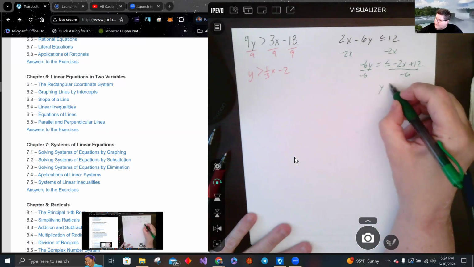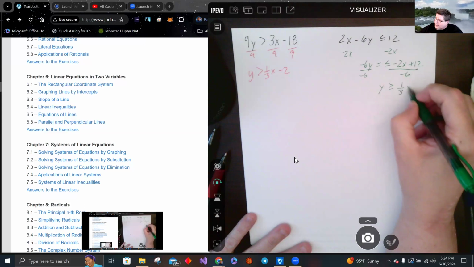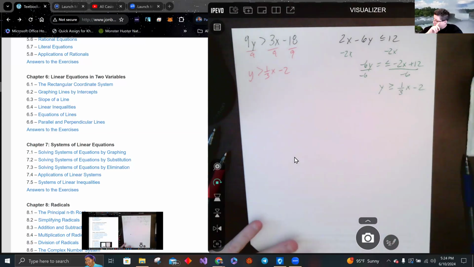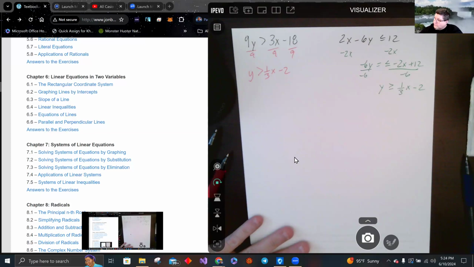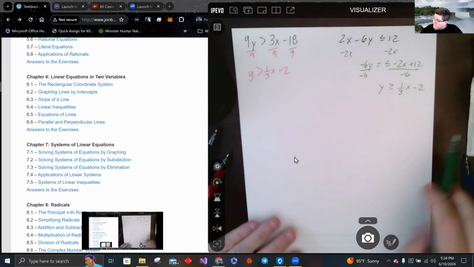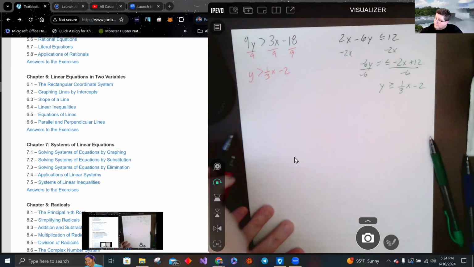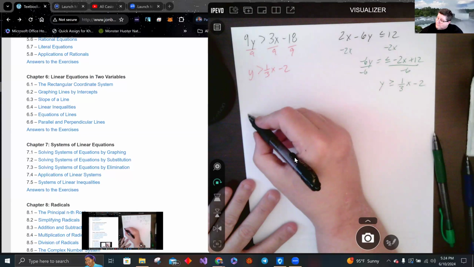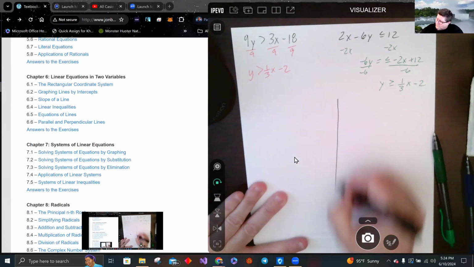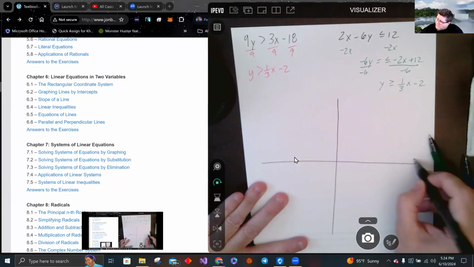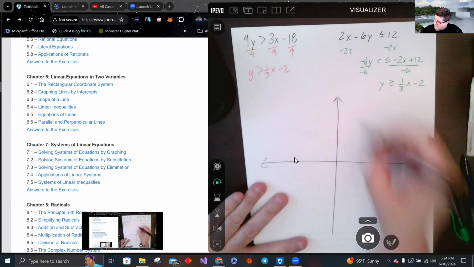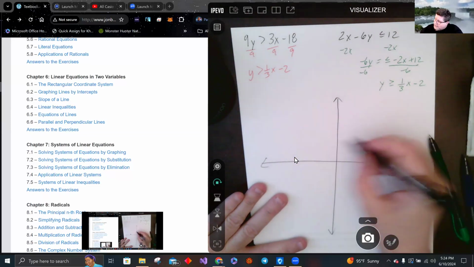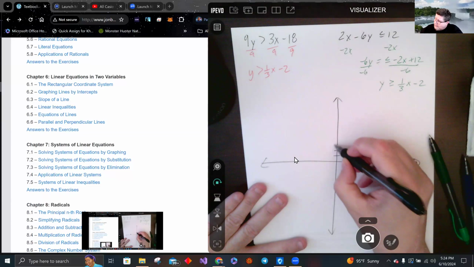Y is greater than or equal to 1/3 x minus 2. It's the same line on both, isn't it?